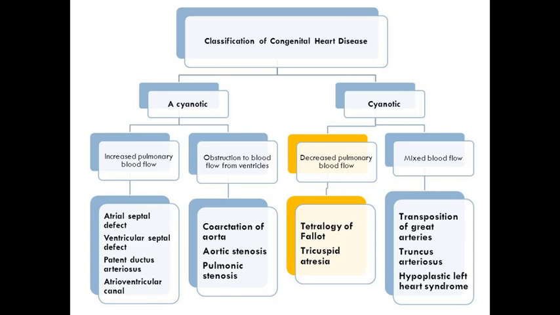Increased carbon dioxide in blood will give rise to a bluish discoloration of the skin. The condition is called cyanosis, and therefore the types of congenital heart diseases where the oxygenated and deoxygenated blood mix are called cyanotic congenital heart diseases. That is because they develop cyanosis or bluish discoloration of the skin.